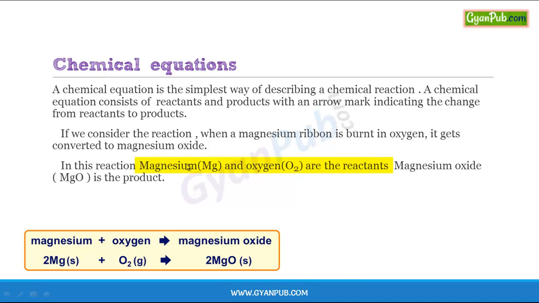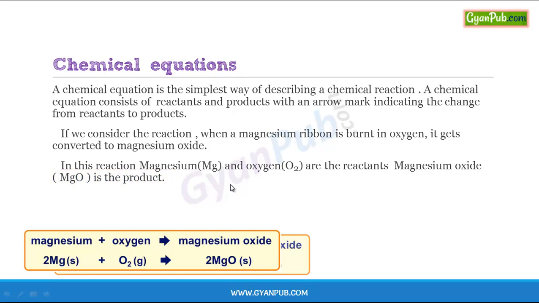So the change we describe here is represented in the form of a chemical equation. The reactants are on the left side of the equation with a plus symbol in between them, and MgO, that is magnesium oxide, is the product on the right side.